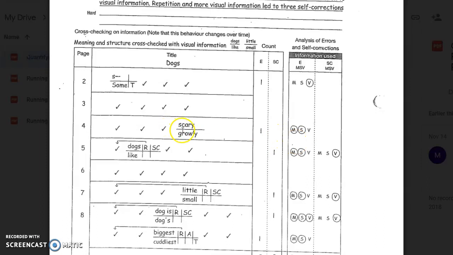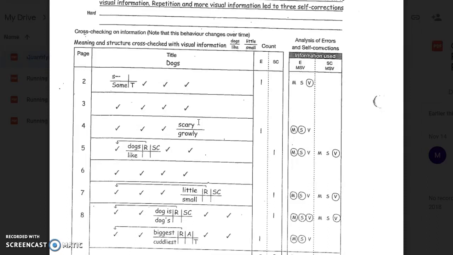What is the child relying on when the child says scary for growly? Well, growly is not a very commonly used word in a 5-year-old's vocabulary. Imagining that maybe there was a scary dog on that page that was growling, it makes sense that a child would say scary for growly. In an ideal world, we'd have the book Dogs and could look at the page and know for sure, but we don't have that.